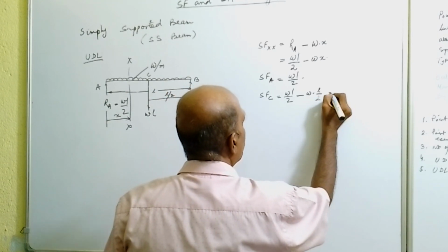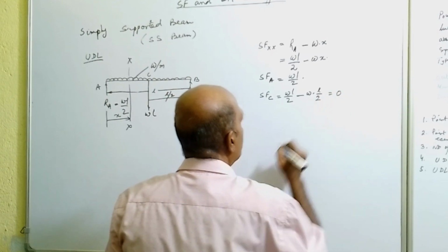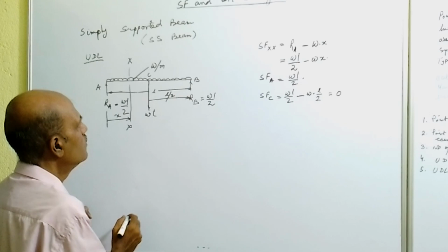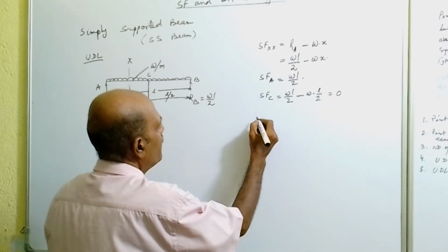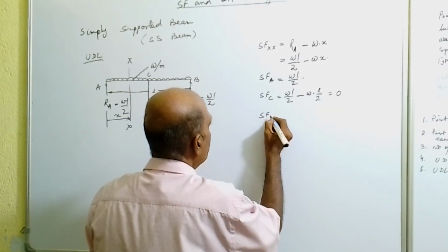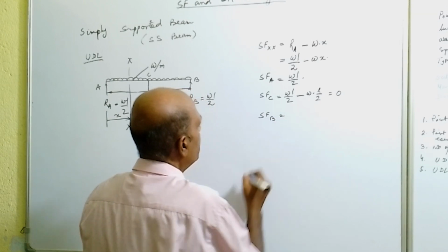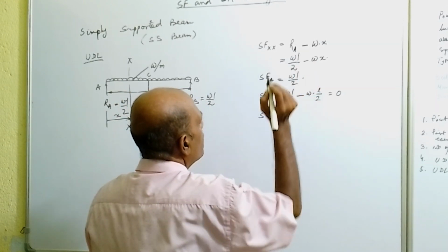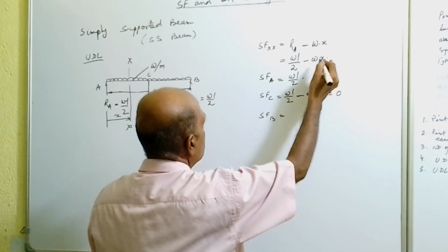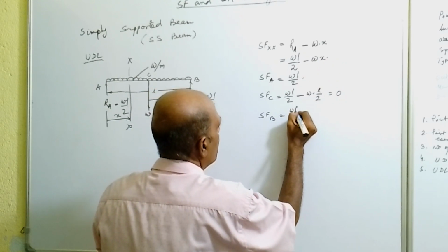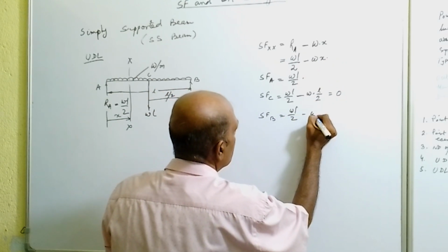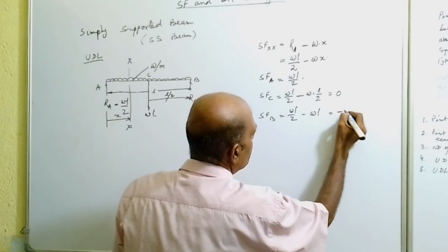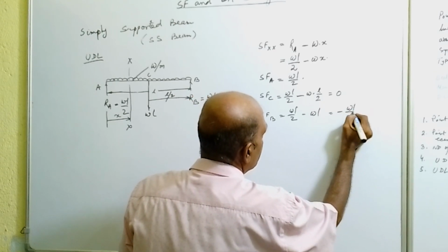Okay, so that will be 0. Now slide the section to point B, so we'll get shear force at point B. In this equation we'll put X value equal to L. So WL by 2 minus W into L is equal to minus WL by 2.